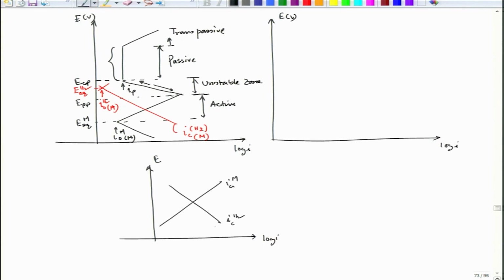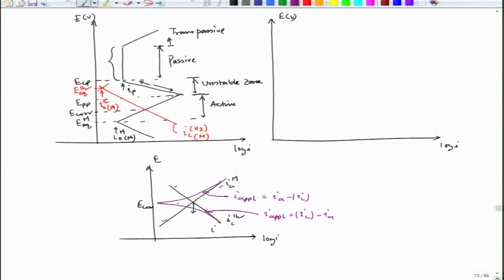So, we always divide, in this case this is E corr, and if we take polarization below E corr, our plot would be like this, where this indicates I applied equals IA minus IC, and this indicates I applied equals IC minus IA, because in this case IC is more than IA and in this case IA is more than IC.